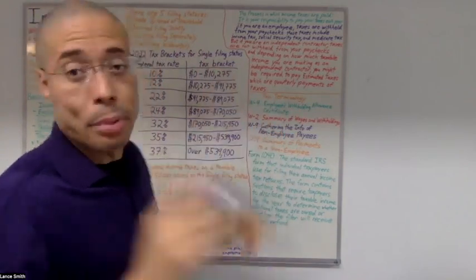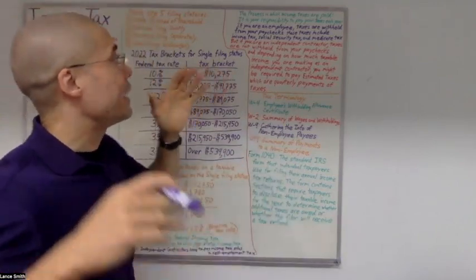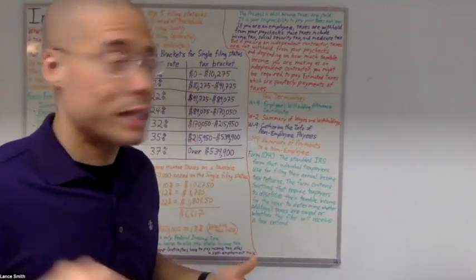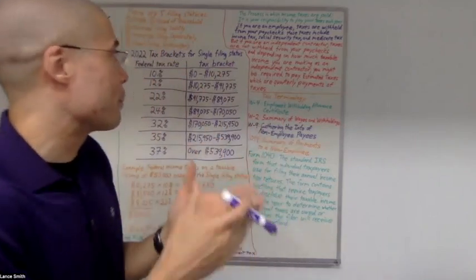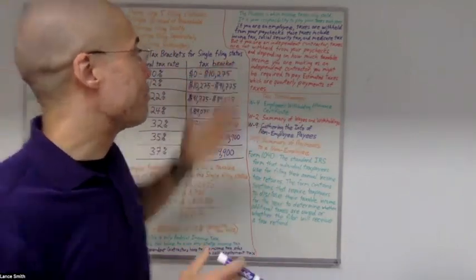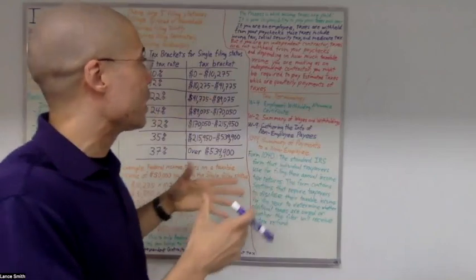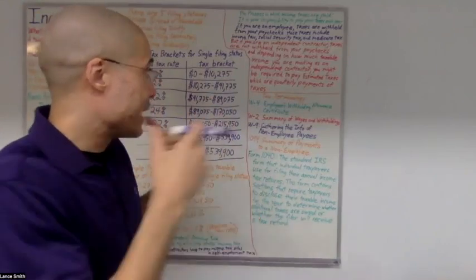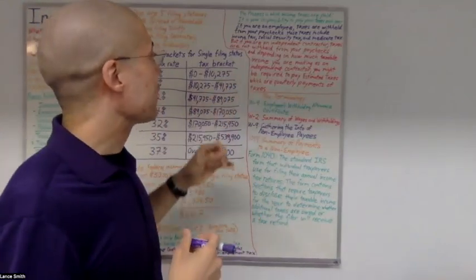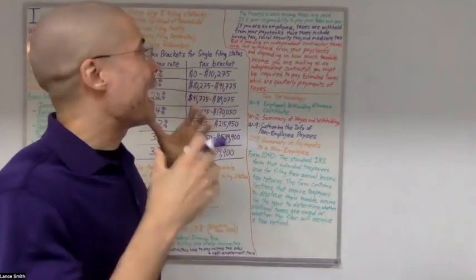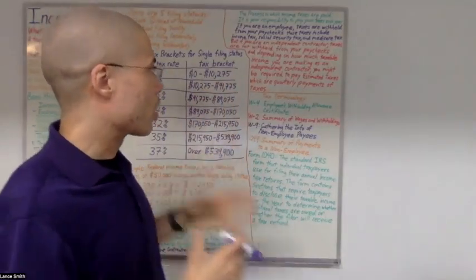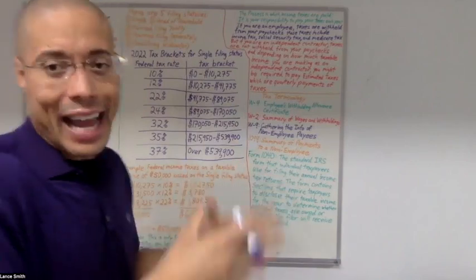But if you are an independent contractor, taxes are not withheld from your paychecks. And depending on how much taxable income you are making as an independent contractor, you might be required to pay estimated taxes, which are quarterly payments of taxes.